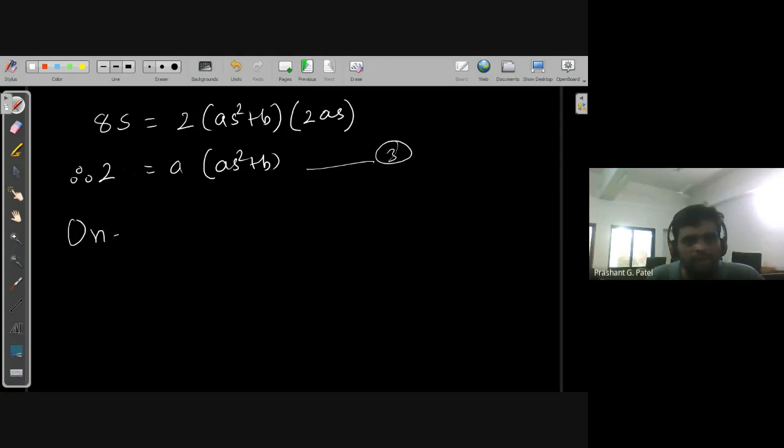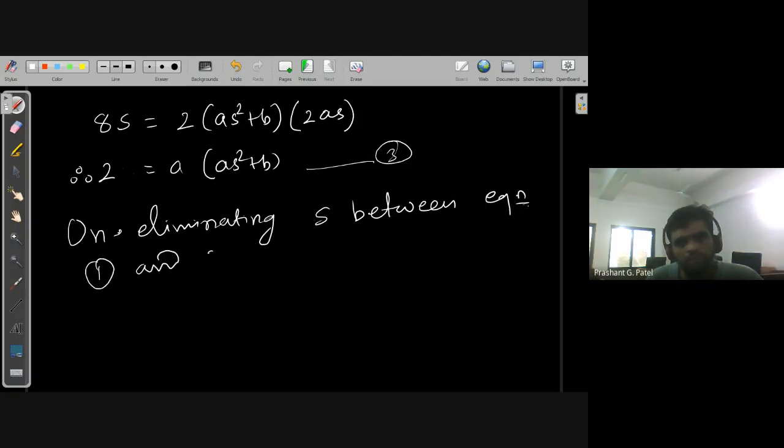Now on eliminating, what we need is to eliminate the value of s. Eliminating s between the equation 1 and 2, we obtain. So need to eliminate s from 1 and 2.